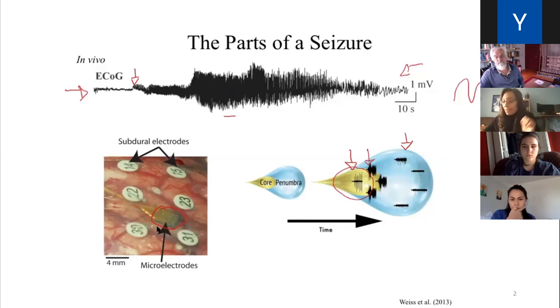The microelectrode array here obviously didn't have an equivalent. So if you average your activity across the whole array, you could get an approximate pseudo ECoG. Any other questions I can answer?